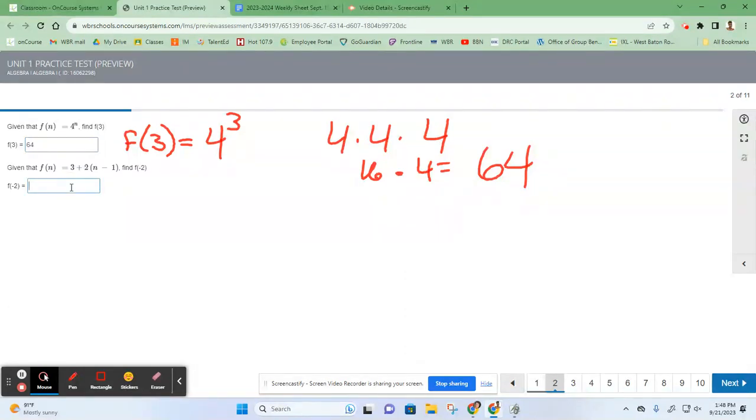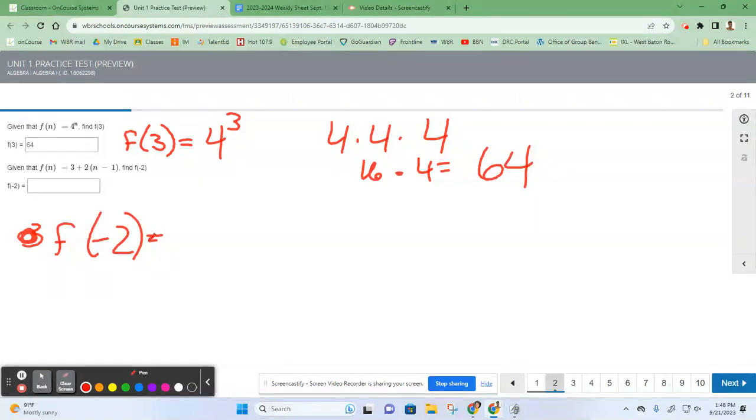All right, and the next one says f of n is 3 plus 2 times n. I'm trying to find f of -2. So 3 plus 2, and then in these parentheses where this n is, I put the -2.